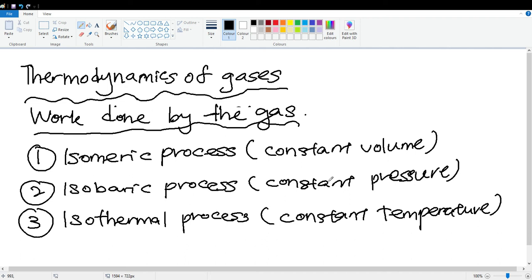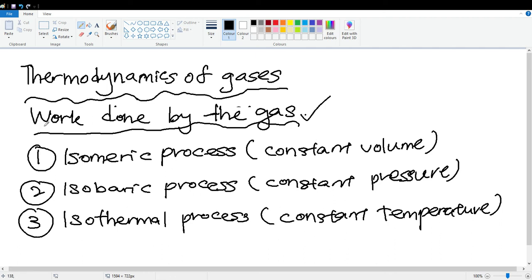So we can say that one of these conditions, constant volume, constant pressure, or constant temperature, can exist when work is done by the gas.